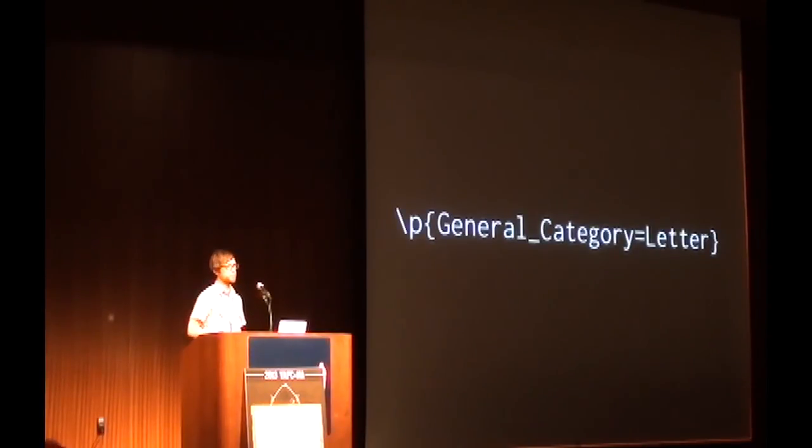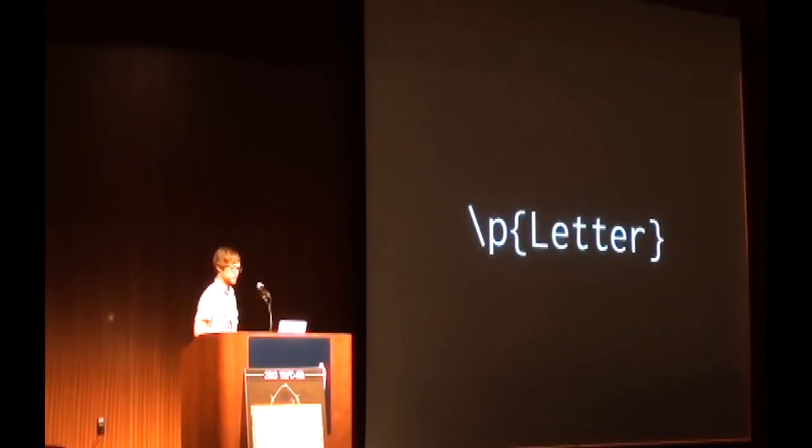Then the most important Unicode property is the general category. The name of the property is general category, and the value is letter. This says let's match any character, or specifically code point, that has the general category property of letter. But that's a mouthful. Putting that in my regexes would make them long and unruly. Because general category is so commonly used, there's a shortcut.